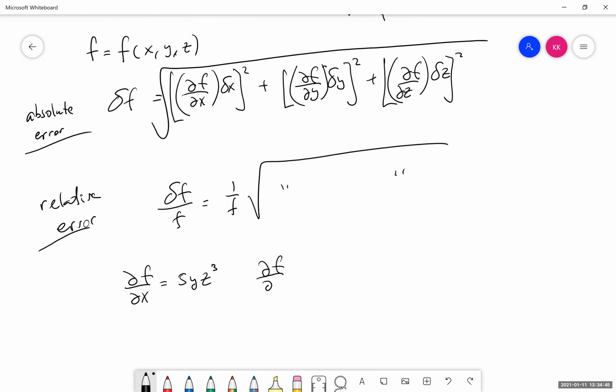Then partial f partial y was 5x squared z cubed, and then partial f partial z was 15x squared y z squared. Okay, so those are the quantities that I have.